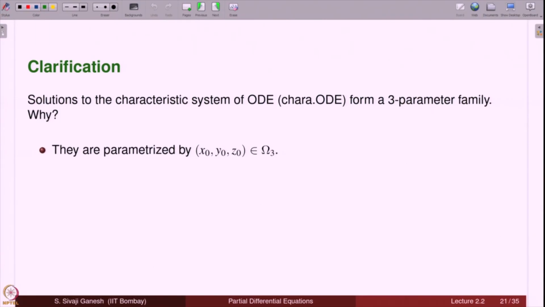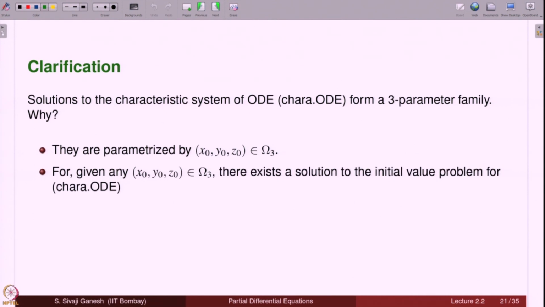So, take a point (x0, y0, z0) in omega 3, and for any given (x0, y0, z0) in omega 3, there is a solution to the initial value problem which we call the Chara ODE. This stands for dx/dt equal to A, dy/dt equal to B, and dz/dt equal to C with the initial conditions: at t equal to 0, (x, y, z) is (x0, y0, z0).